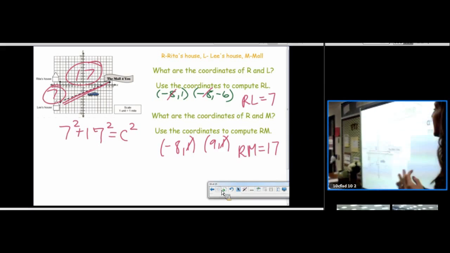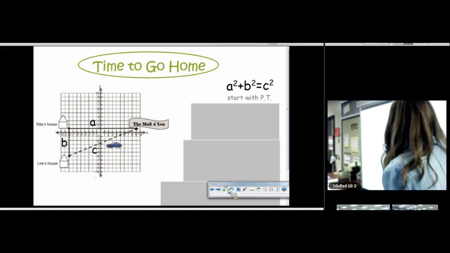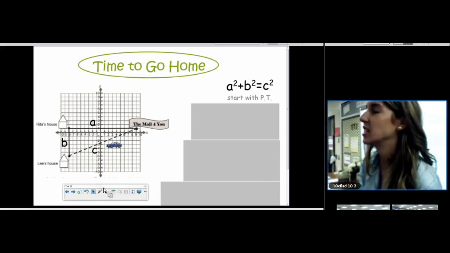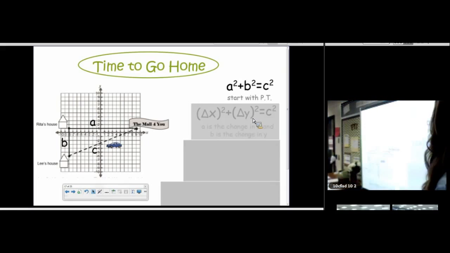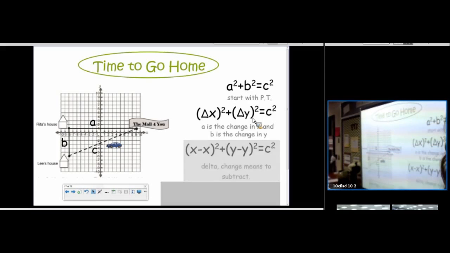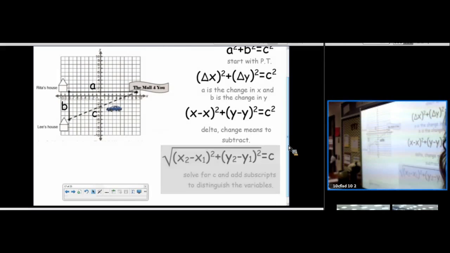So what we just did, and you might not have seen it coming, but I promise, what we just did was we derived the distance formula. We derived the distance formula by finding the change in x and the change in y. Change in x is just x minus x, and the change in y is just y minus y.